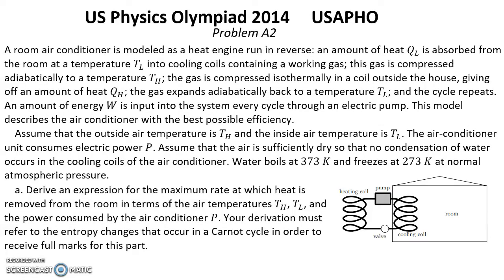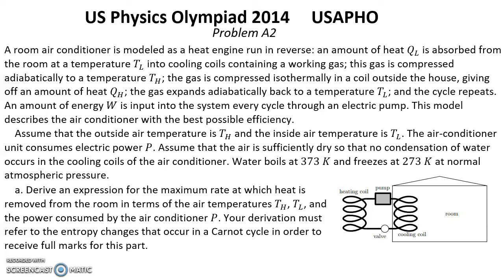US Physics Olympiad year 2014, USA PHO final exam. Problem A2. A room air conditioner is modeled as a heat engine run in reverse. An amount of heat QL is absorbed from the room at a temperature TL into cooling coils containing a working gas.